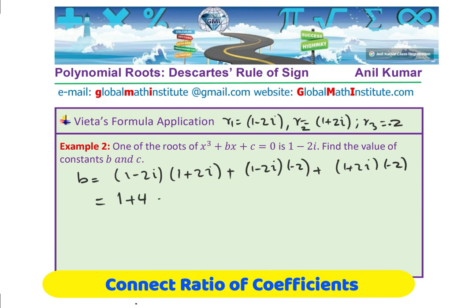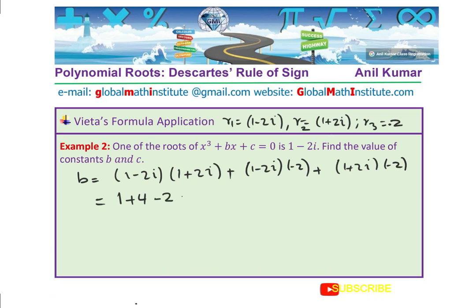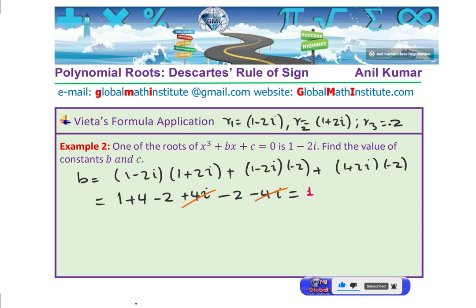Plus, when you multiply with minus 2, you get minus 2 times 1, which is minus 2, and minus 2 times minus 2i becomes plus 4i. Here we get minus 2 minus 4i, so plus 4i and minus 4i cancel. 1 plus 4 is 5, minus 4 will give you 1. So the value of b is equal to 1.